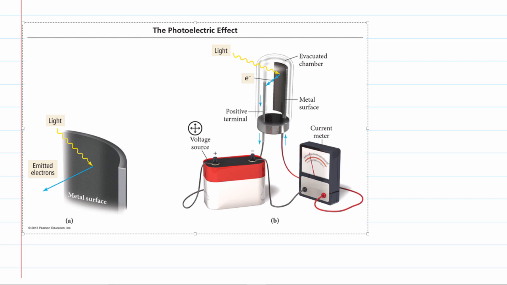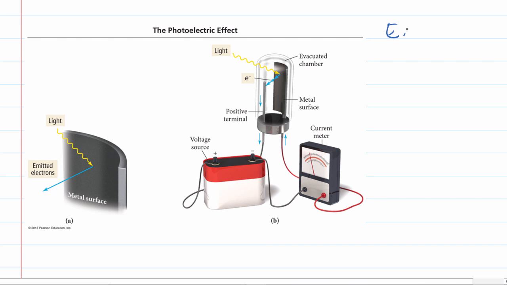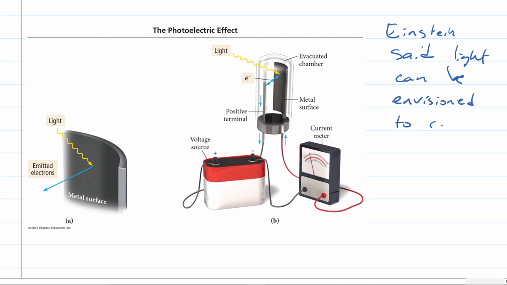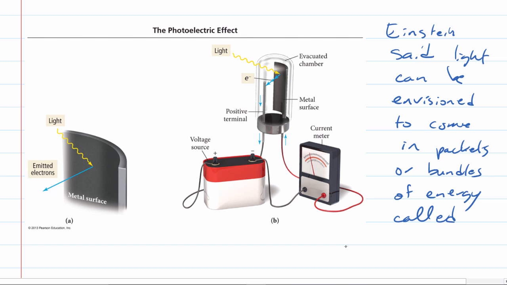So there was a scientist by the name of Albert Einstein who came up with this idea. And what Einstein said is that we can envision light to come in packets or bundles of energy, which he called quanta or photons.